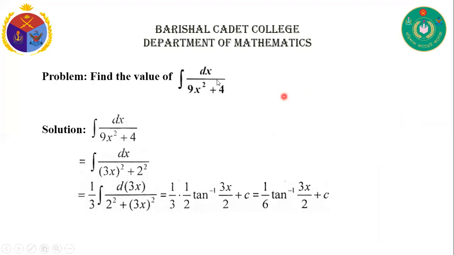Now, find the value of the integration of dx by 9x square plus 4. So boys, actually we have the form a square plus x square, or x square plus a square.